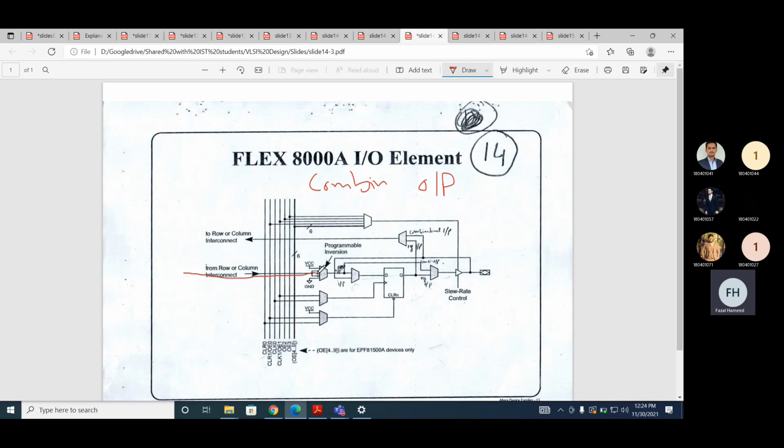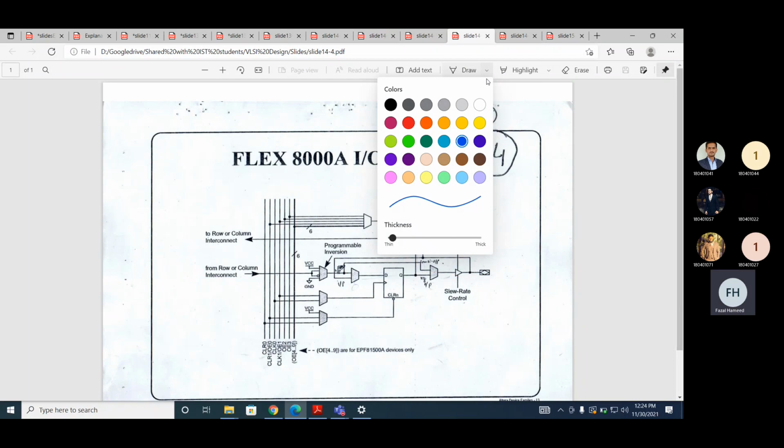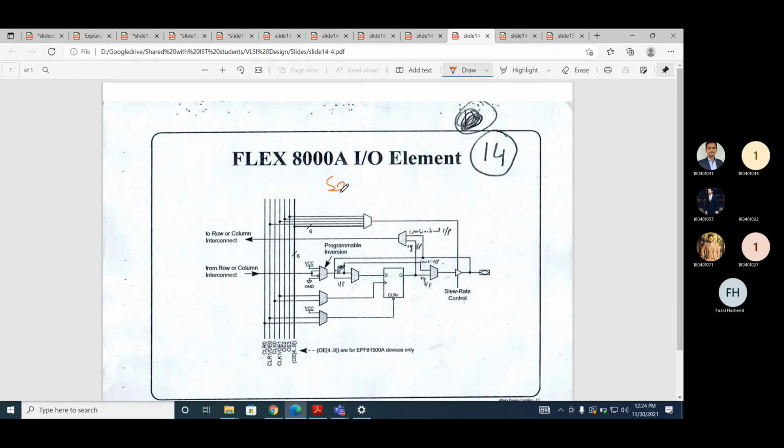Okay, and because it is combinational, it will go here and here. Now let's say if you want to implement a sequential output, the signal will be coming from the row fast track interconnect from here. So these are various paths.